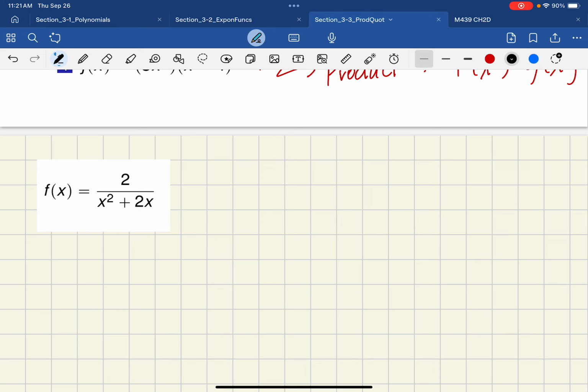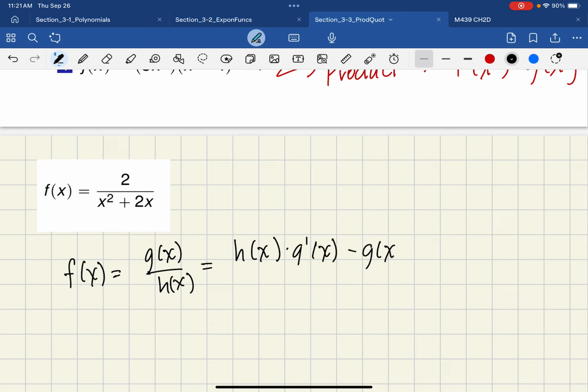So let's see. Think of f of x as being, I'm going to call it g of x over h of x here. And it's going to be the bottom, h of x, times the derivative of the top, g prime of x, minus the top, g of x, times the derivative of the bottom, h prime of x, all over the bottom one squared.